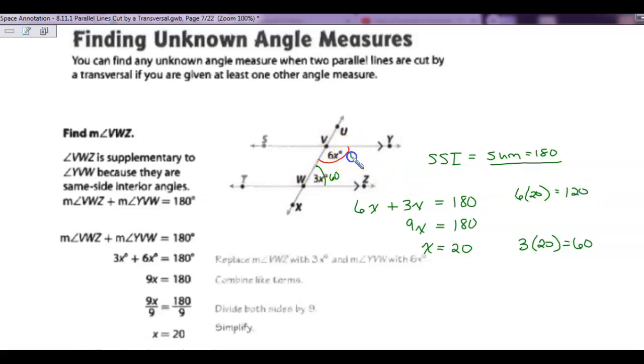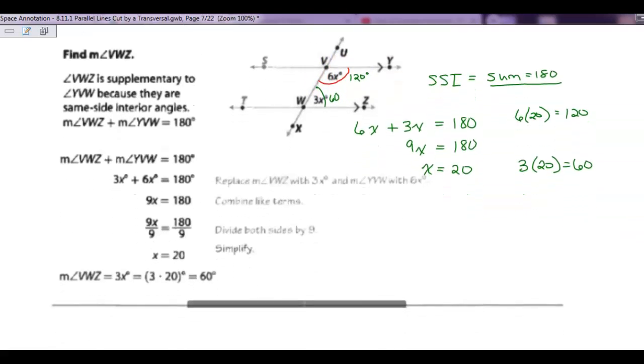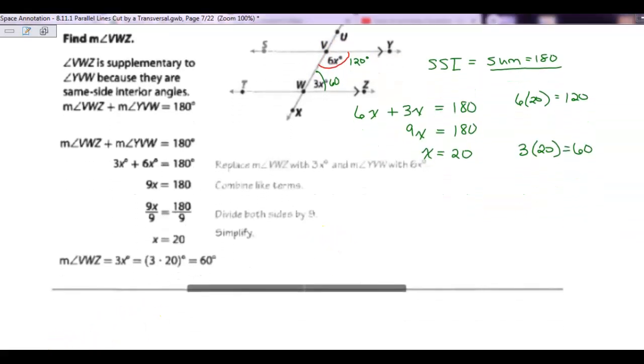So this one is 120 degrees. So I can take what I know, put it together to solve to find my unknown, and then use that information to find the measure of this angle and this angle. All right, let's go to the next page.